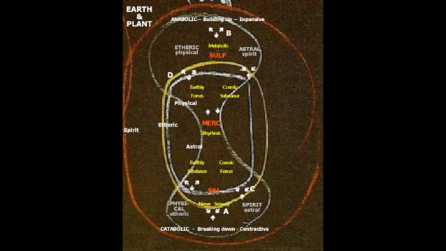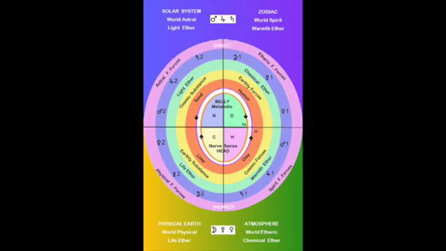So this is the context that we're given in the agriculture lectures: in the head we've got two processes, one expansive and one contractive, and in the belly we've got one expansive and one contractive.